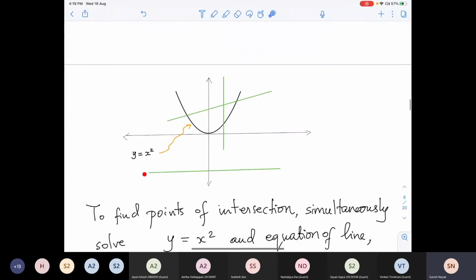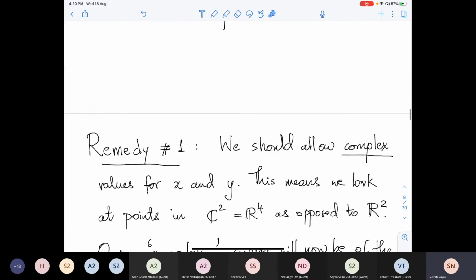For example, it will take care of certainly all such lines here which don't seem to intersect the parabola at all. They will all have complex intersection points with this parabola. If we are only drawing the real points here, that's why we are not seeing the intersection. So if we were to keep track of all the complex points of both the parabola and the lines, then we will certainly see that they have an intersection.